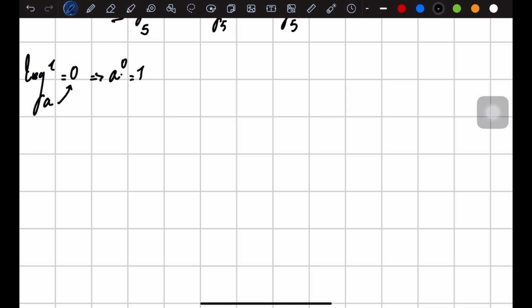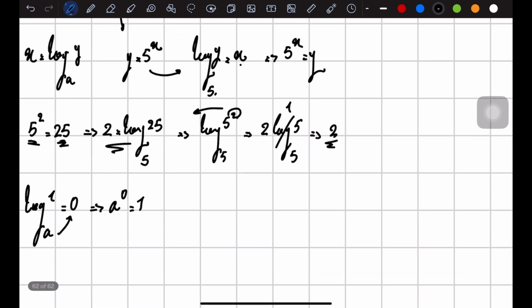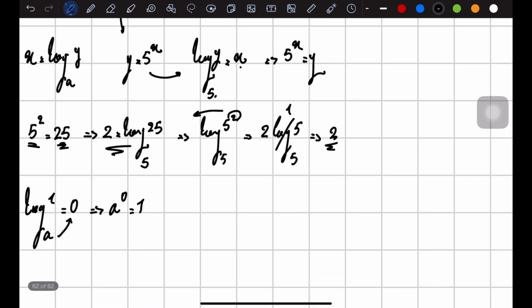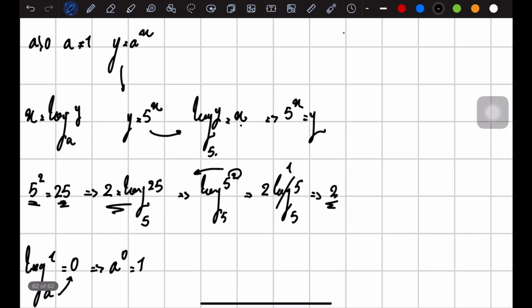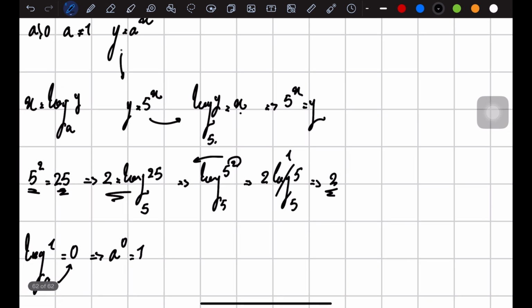Our base is a, our logarithmic number is 1, and this is our y. This is our x, this is our base, and this is our y, which will show it right there.